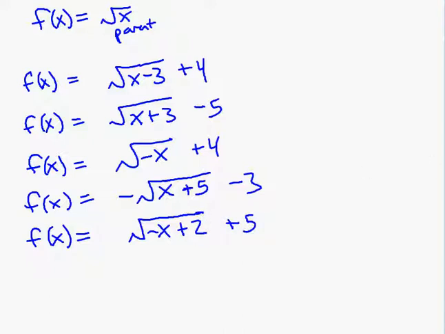Because we have multiple transformations going on at once. So if we describe this first transformation, it would be right 3, up 4.